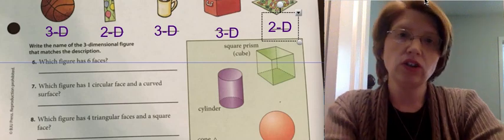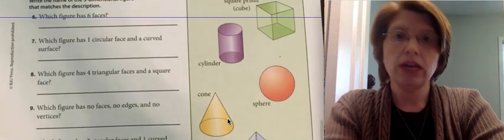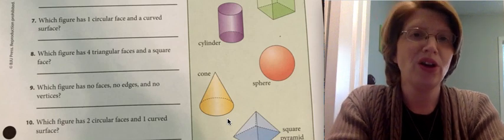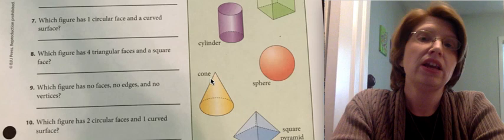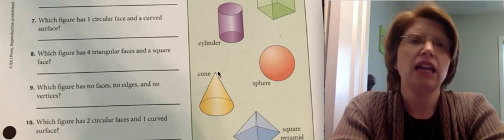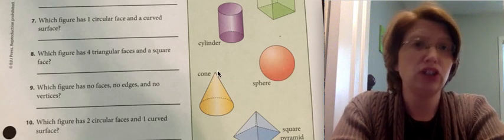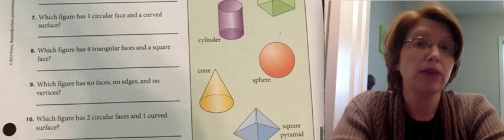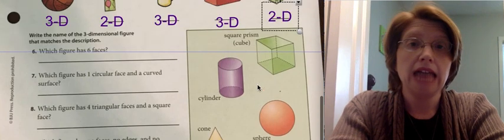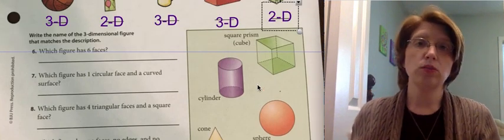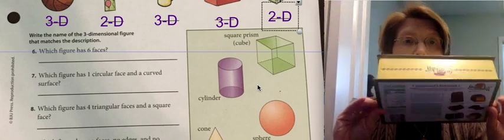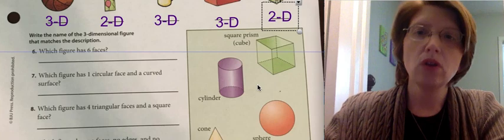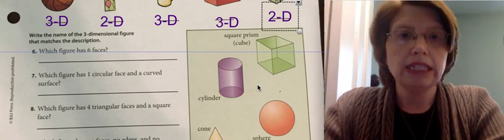And then a sphere. Anytime you have a basketball or a volleyball or a soccer ball, that would be a sphere, right? A cone. If we had some party hats, that would be a good cone, wouldn't it? I couldn't find anything else. And then a square pyramid. I did find, this is not a square prism, but I did find a candy box, which is three-dimensional.